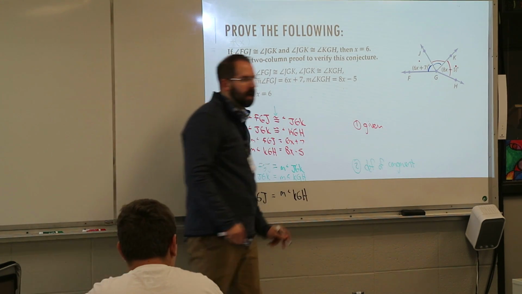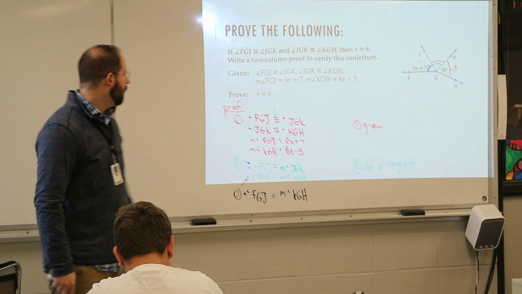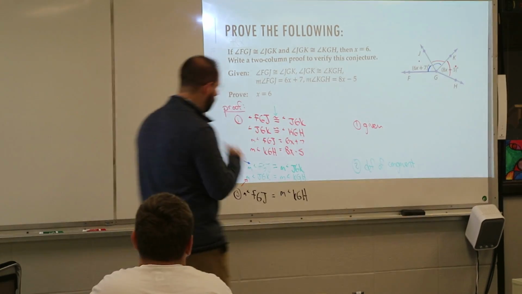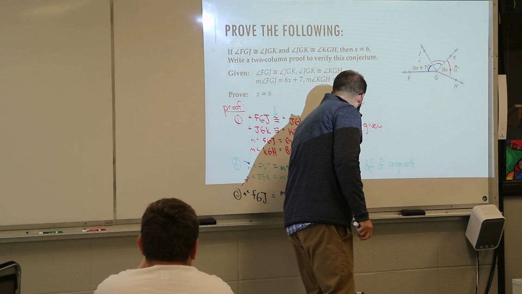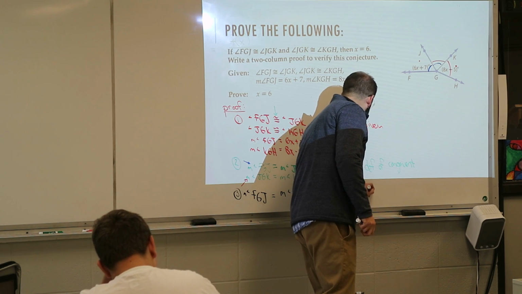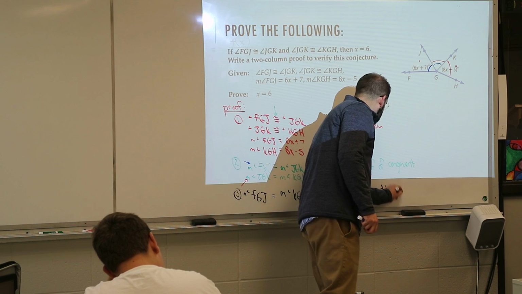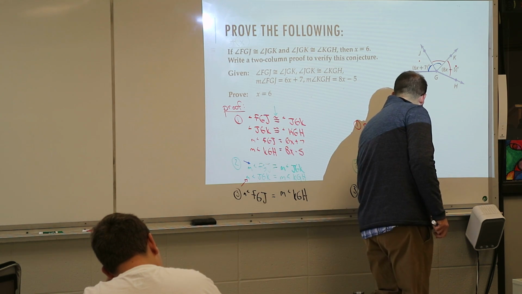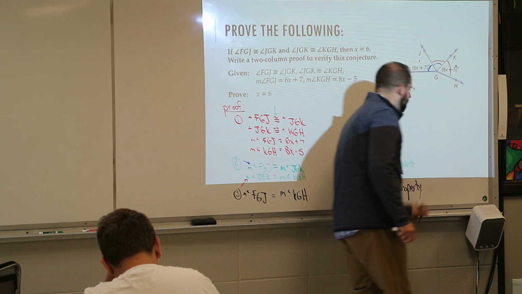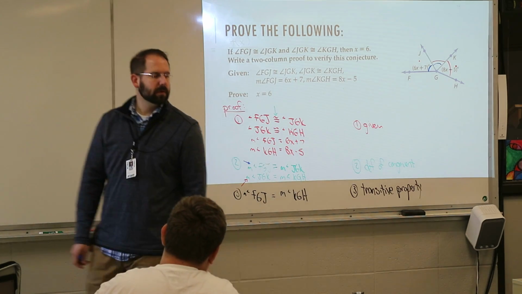Those are the outside angles, outside and the outside. Those angles should be equal to each other. And the whole reason, step number 3, this is called the transitive property. When you have a bunch of things all being equal, the first thing should equal the last thing.